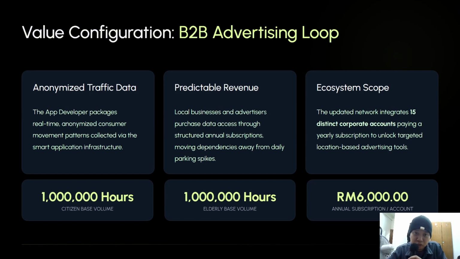For predictable revenue, local businesses and advertisers purchase data access through a structured annual subscription, moving dependency away from daily parking spikes. For ecosystem scope, the updated network integrates 15 distinct corporate accounts paying a yearly subscription to unlock targeted location-based advertising tools. Here we can see 1 million hours for citizen-based volume, 1 million hours for elderly-based volume, and 6,000 for the annual subscription across the 15 distinct corporate accounts.